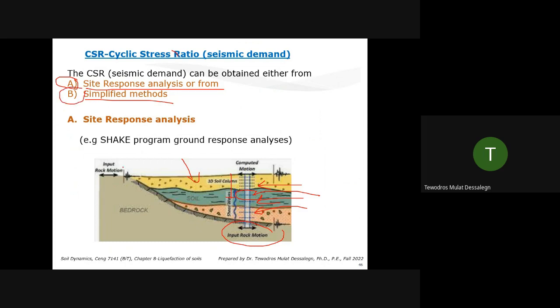So we will see the concept of site response analysis in chapter 9. Tomorrow we'll see it. So you'll understand better over there how Shake works, what's the principle behind. So this is like analyzing the soil alone. If we are adding some building on it, some structure, now this is going to be SSI, soil structure interaction.